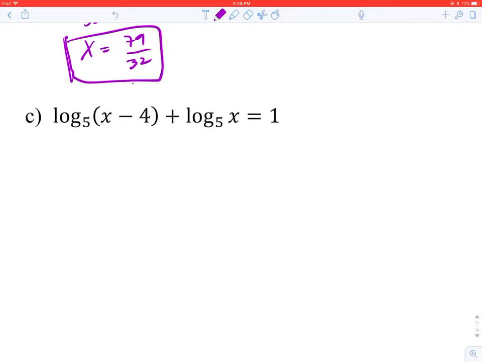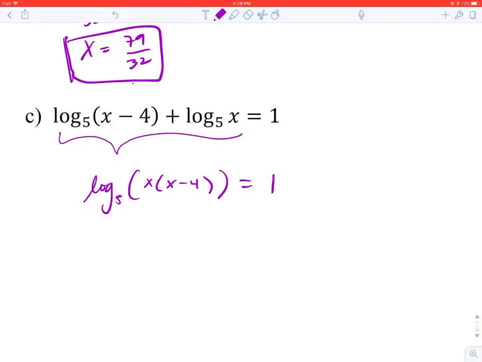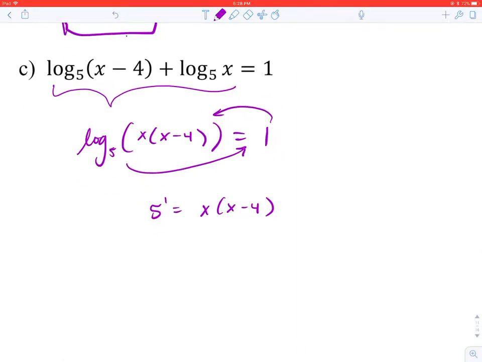Okay, so we're not going to be able to use the one-to-one property here, but before we can rewrite in exponential form, we need to rewrite that as a single logarithm. So log base 5 of x times x minus 4 equals 1. So 5 raised to the first power is equal to x times x minus 4.